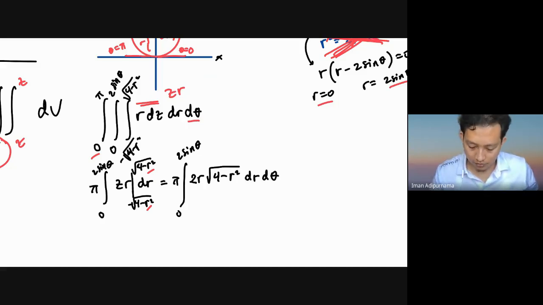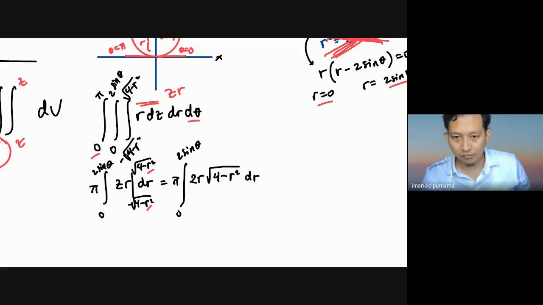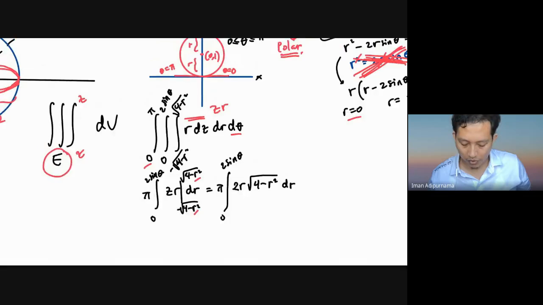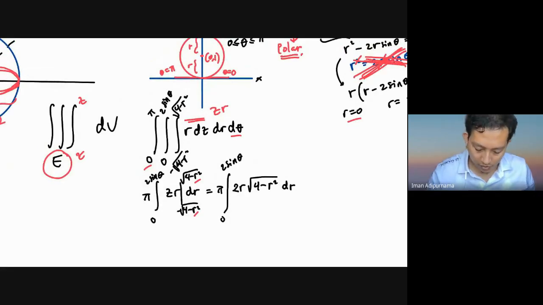Oh, d theta, I already counted for theta. And I believe you can check this out. Oh, wait. I think I made a mistake because it's a function. I need to take this one by one.